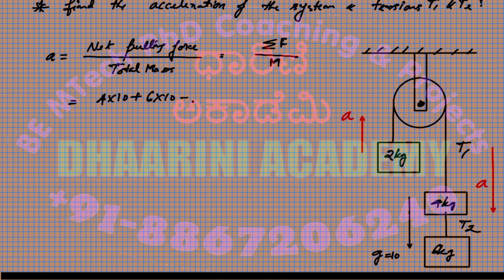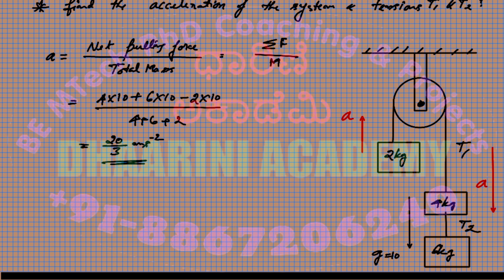It tries to reduce this, so that is 2 into 10, whole divided by the total mass of the system, that is 4 plus 6 plus 2. When you simplify this, 60 plus 40 minus 20 divided by 12. So this is 20 by 3 meter per second square. That is the acceleration of the whole system.